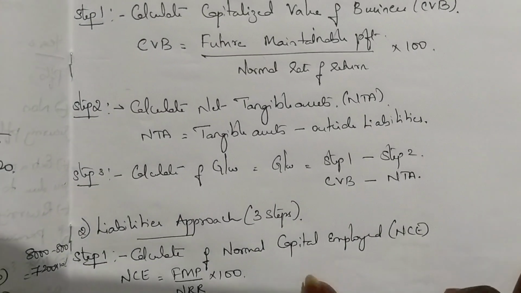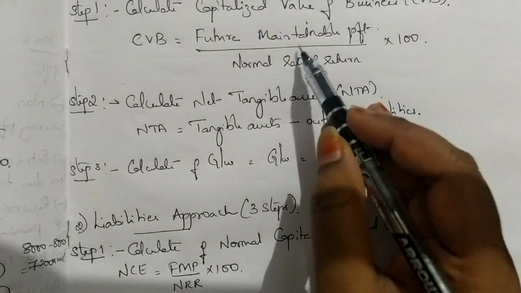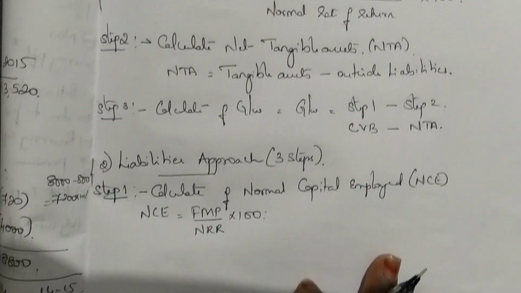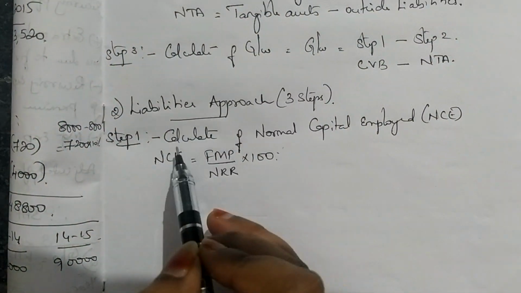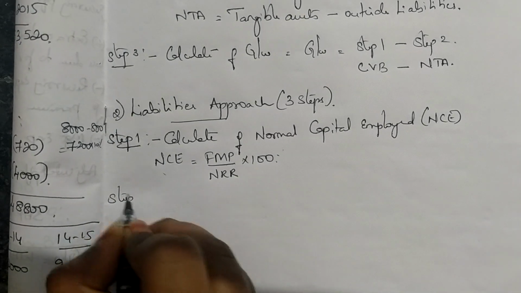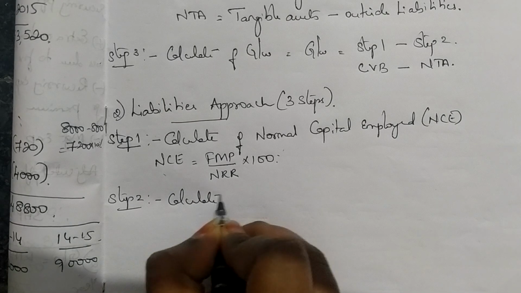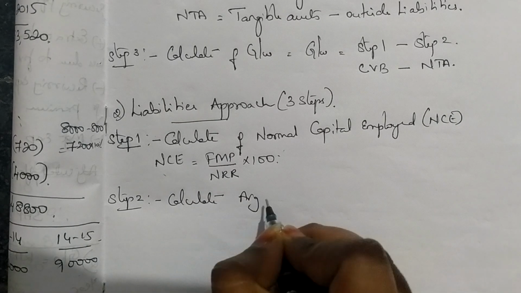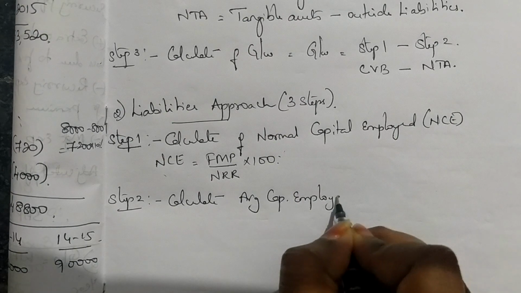So your step number 1 for net assets and for liabilities is the same formula, no change. There we call it capitalized value, here we call it normal capital employed; both mean the same. Step number 2, here you calculate average capital employed.